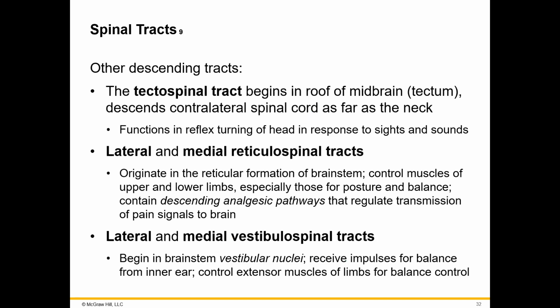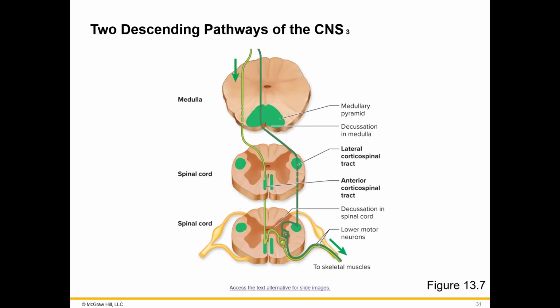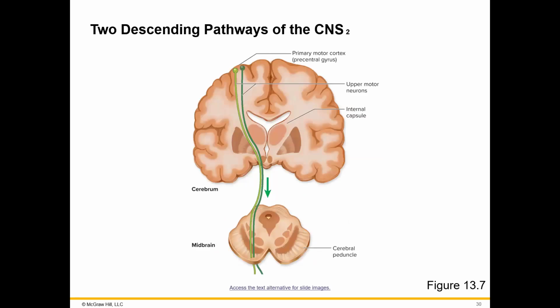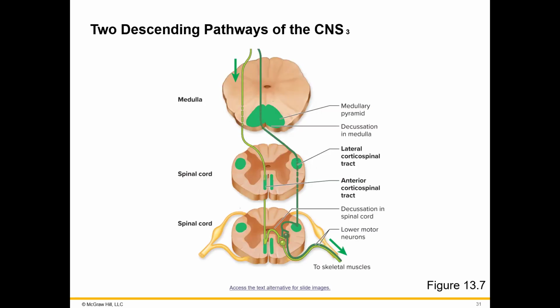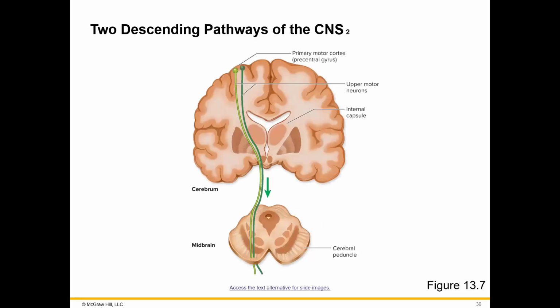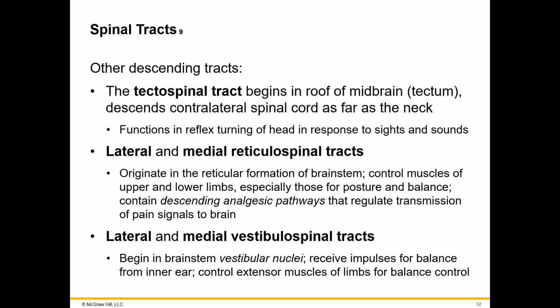Okay. So you have other descending tracts. From the name you can tell, spinal. The first one was the corticospinal tract. Now you're not having a corticospinal, you have a tectospinal tract. It begins in the roof of the midbrain. So that's not a cortical region. That is a tectal region in your midbrain.